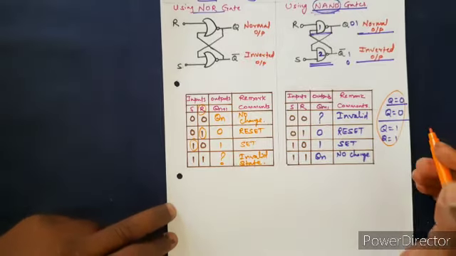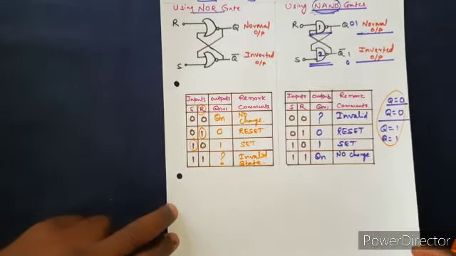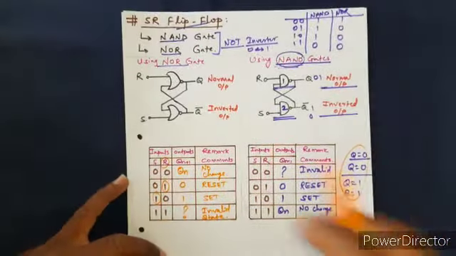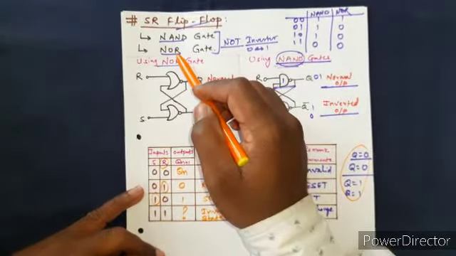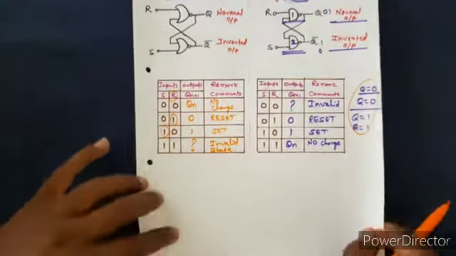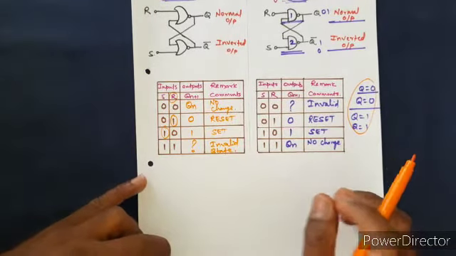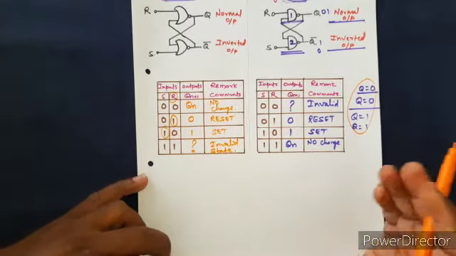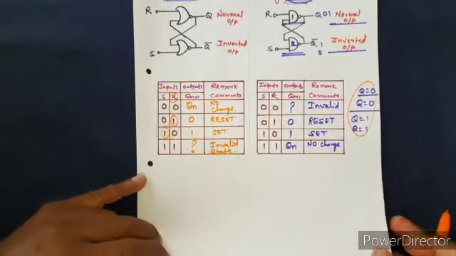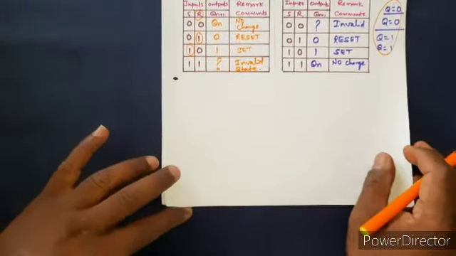So this is how you can compare the SR flip-flop using NAND gate and NOR gate. Now this is very important because this is going to be the base to understand the other flip-flops.